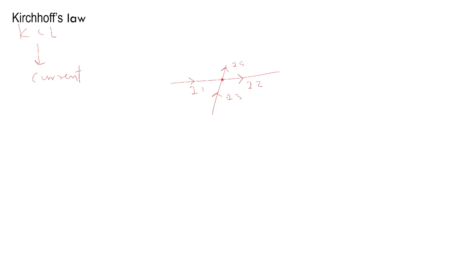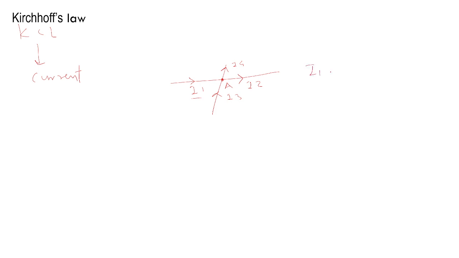What KCL states is that the algebraic sum of the currents entering a node, consider this node A, is equal to 0. Incoming currents we consider plus and outgoing currents minus.